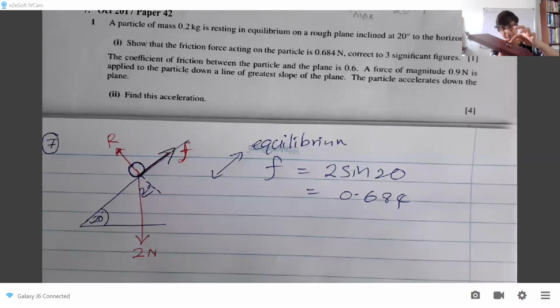That's all. So whatever the friction acting is balancing the other force downwards, and the reaction force is balanced by the vertical component of the weight. Friction balances the component of the weight. It is not the maximum. It could be the maximum when it is in limiting equilibrium.